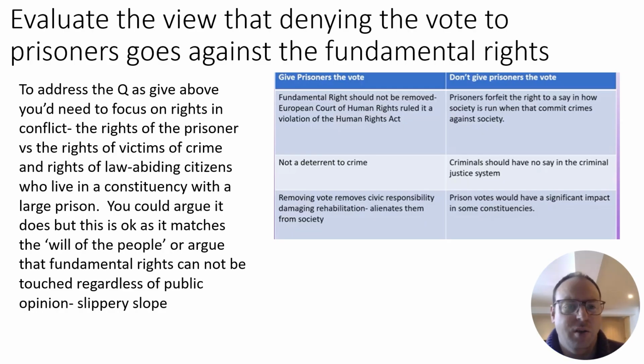Is that going to shift the vote in that area? You could argue that it does fundamentally deny people's rights, but you could say this is okay, actually, because it matches the will of the people. So the idea of prisoners getting the vote is not a popular one.